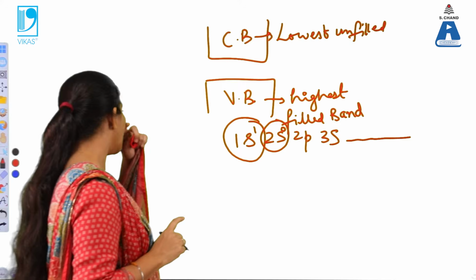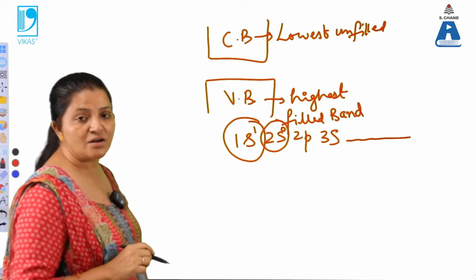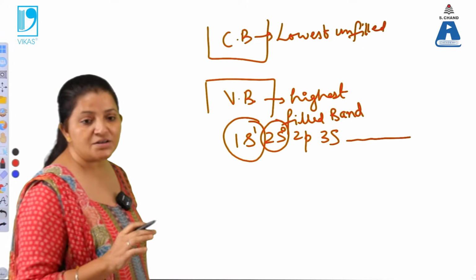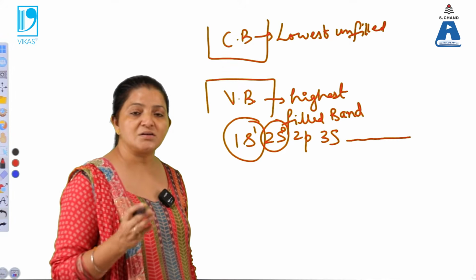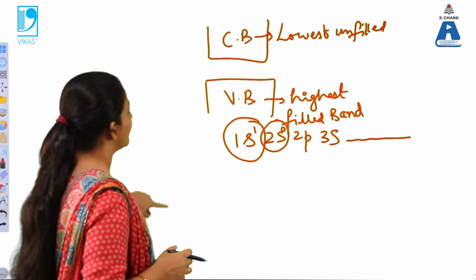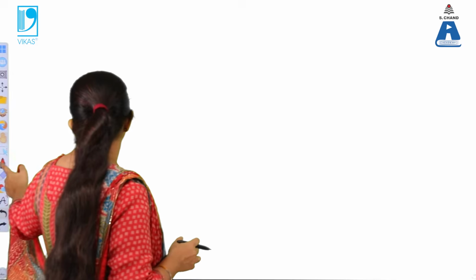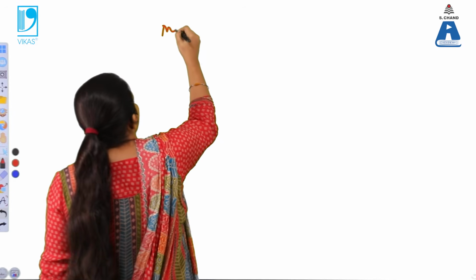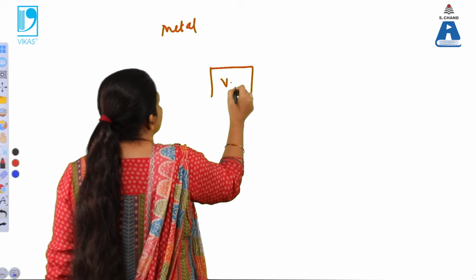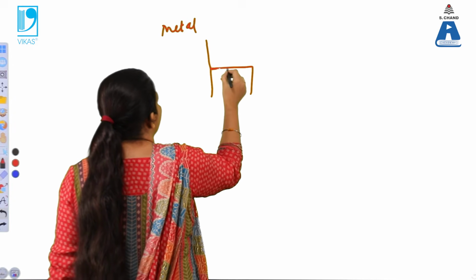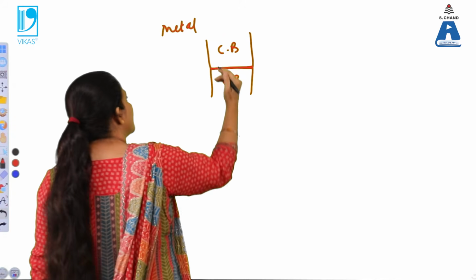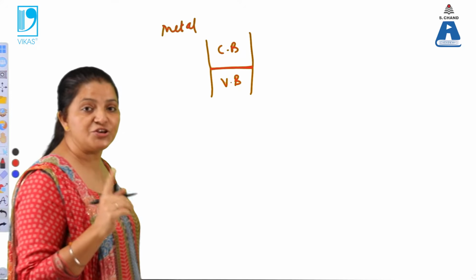Now, depending upon the position of the valence band and the conduction band, materials can be divided into three categories: metals, semiconductors or insulators. First, in the case of metals, the valence band and the conduction band overlap with each other.